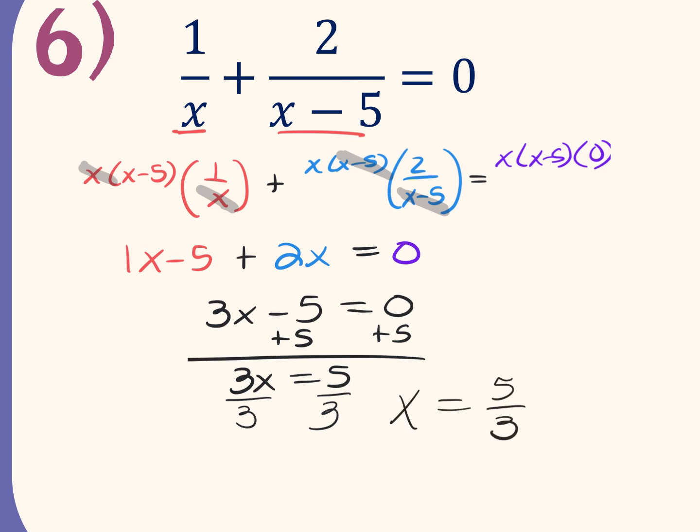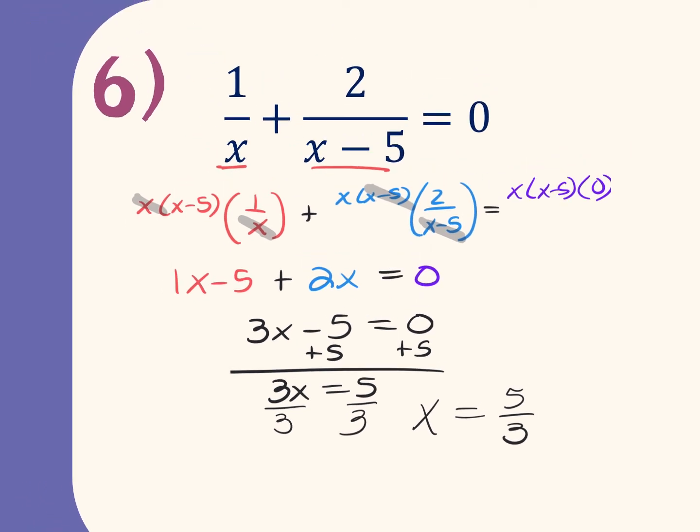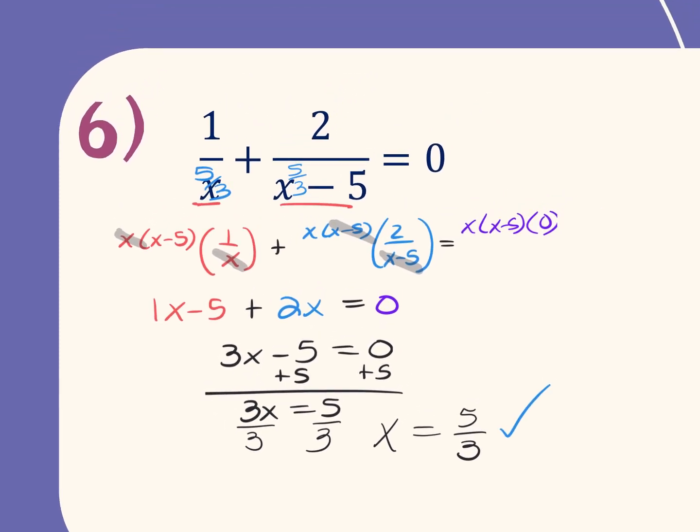Now again, we need to check it. If I plug in 5/3 up here, it doesn't make that one a 0, and it doesn't make this one a 0 either. 5/3 minus 5 is just going to give me a negative number. It's not making any denominator 0, so it's good. Now again, if you wanted to, at the beginning, show what x cannot equal, you could have also taken the denominators.